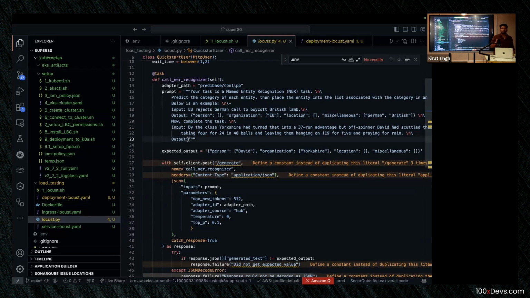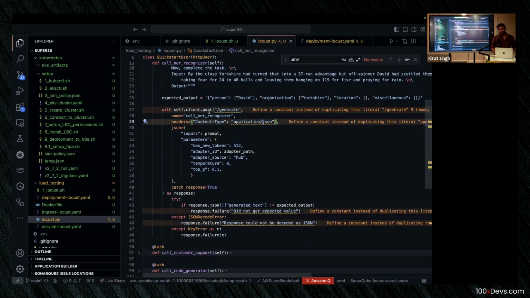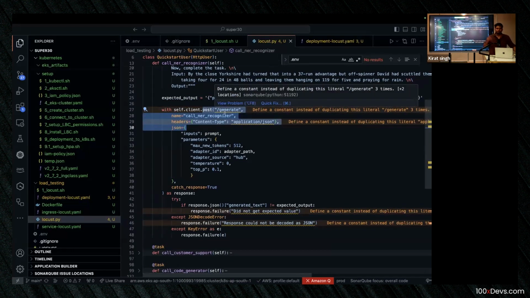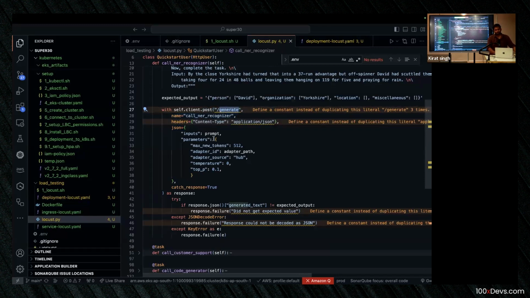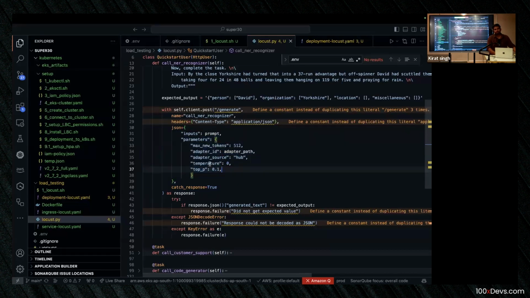Now, how would we know that the application is working correctly? We already know what the expected output should be for this input. Okay, let's ignore it. So we know for this input I need this output. What we'll do is call the URL of the LLM, the generate endpoint. In the input, I'll give my prompt. These are the hyperparameters that we discussed, the temperature, the top P and all.